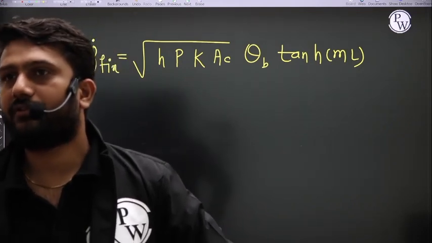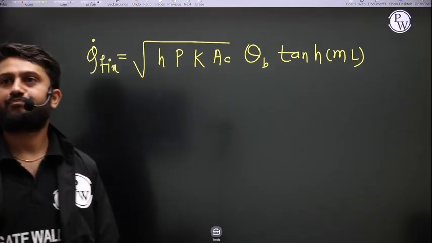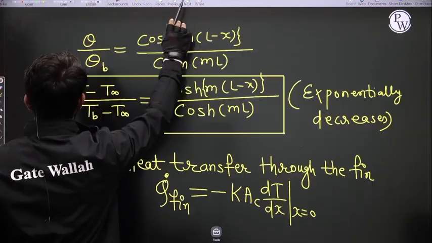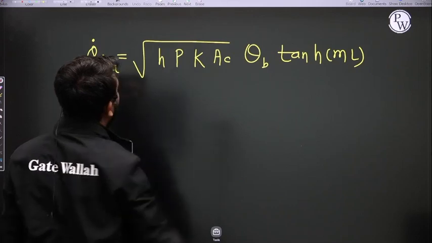This is the rate of heat transfer through the fin. So this is all about the short fin with insulated tip.